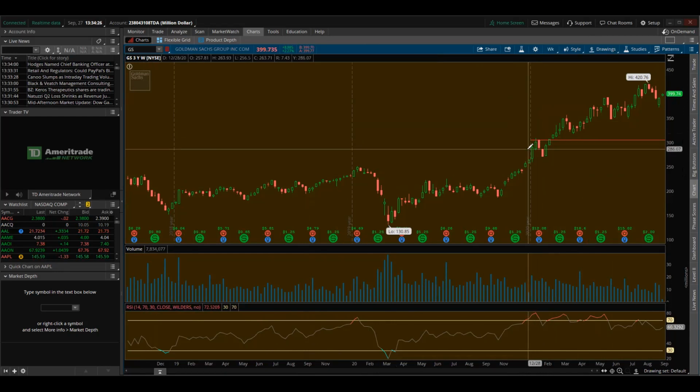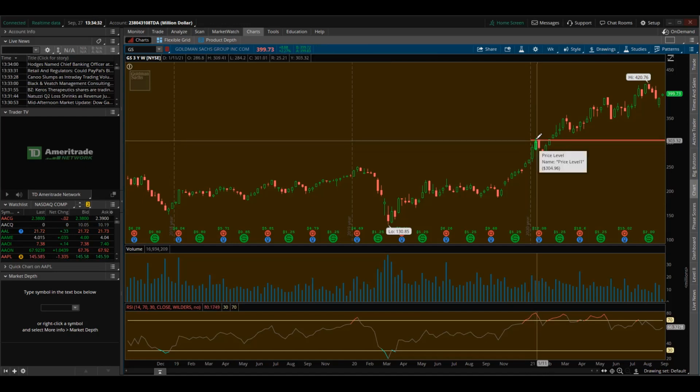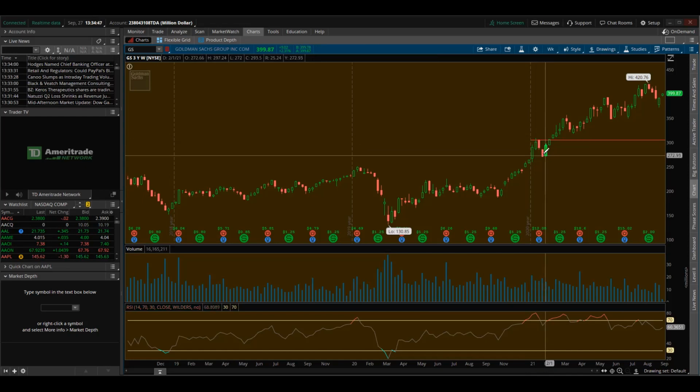And like I say, I'm not going to go really deep into support and resistance. I'm just going to go fast with this because I don't like for my videos to be extra super duper long. The reason why I put a line right here is because this is an area where the stock came and abruptly dropped.